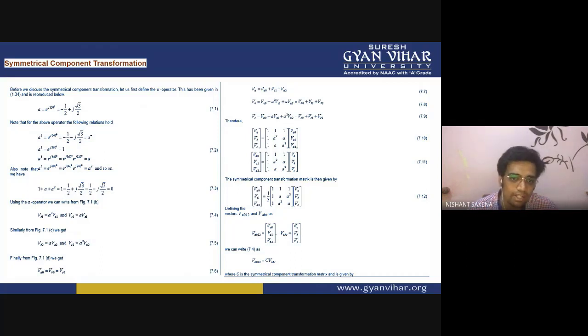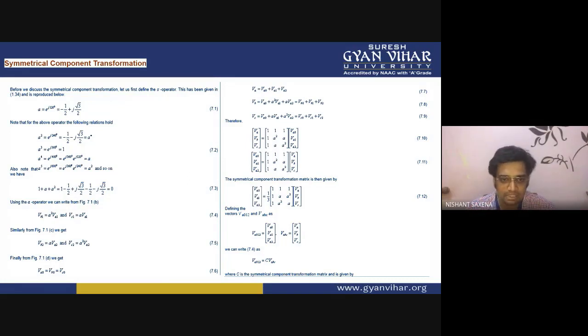That means e to the power j120 degrees, and in rectangular form it is minus 0.5 plus j root 3 by 2. It is an interesting point that this alpha operator is the only factor by which we can correlate the different symmetrical components, that is, the positive, negative, and zero sequence components, for a particular phase with another phase.